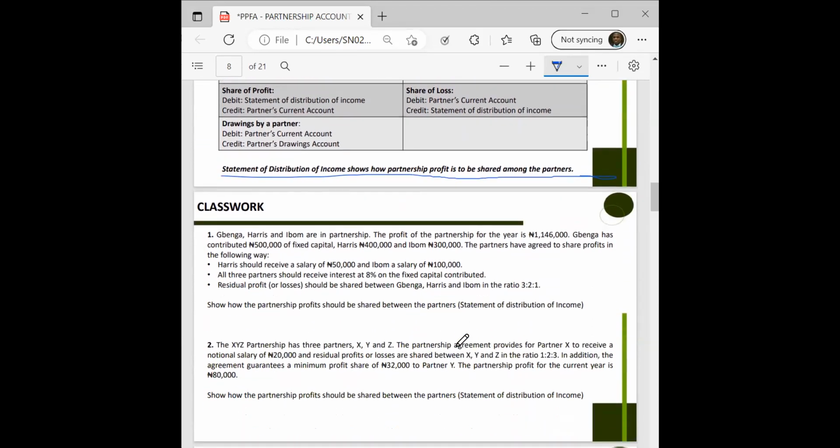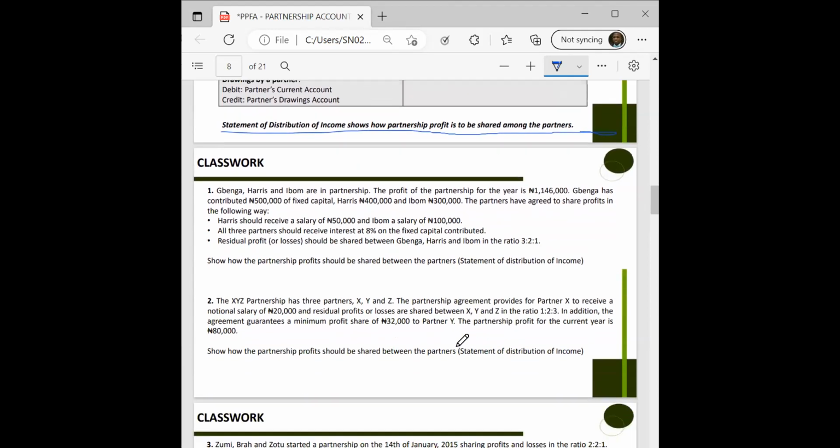So let's look at this example. Benga, Harris, and Ibom are in a partnership.